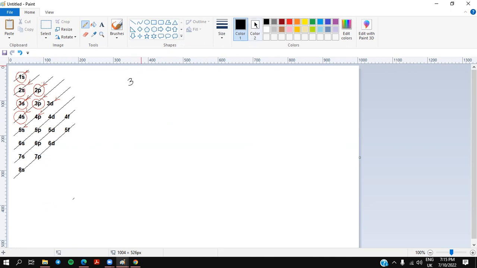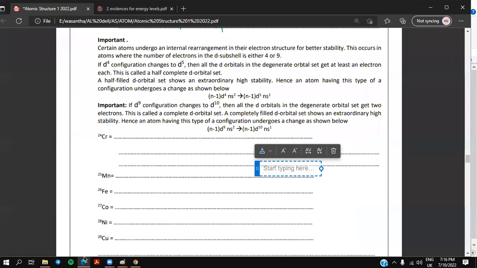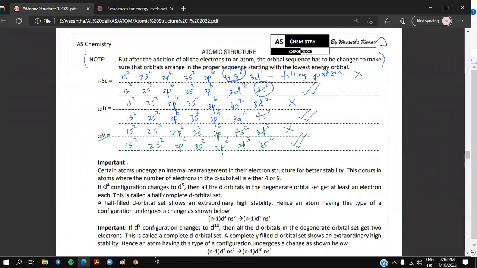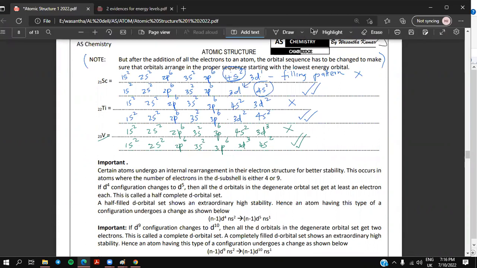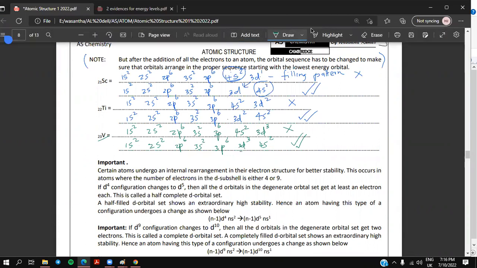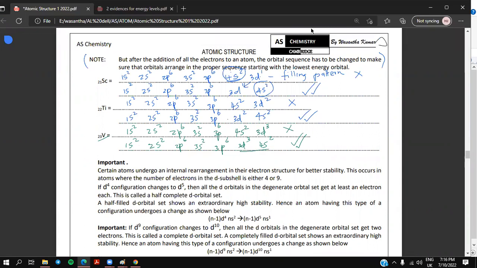We have 3d. When you write electronic configuration, always remember, we saw over here, in the electronic configuration we write 3d appearing first. 3d is appearing first. 4s comes afterwards. 3d, 4s, 3d, 4s.